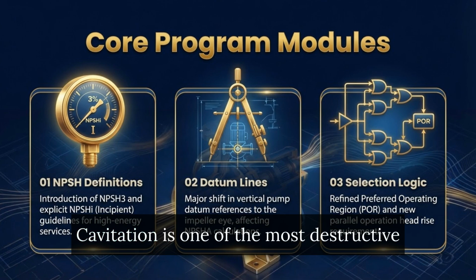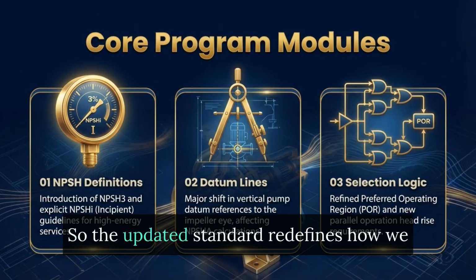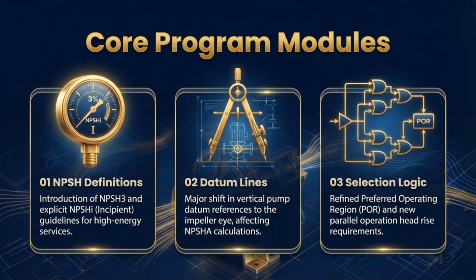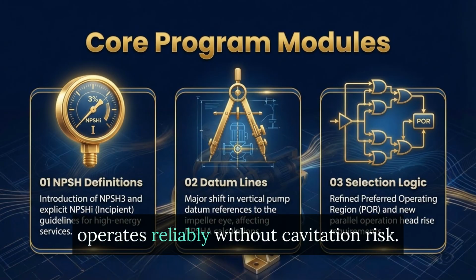Cavitation is one of the most destructive phenomena in pumps. So, the updated standard redefines how we interpret NPSH to make sure that the pump doesn't just operate but operates reliably without cavitation risk.